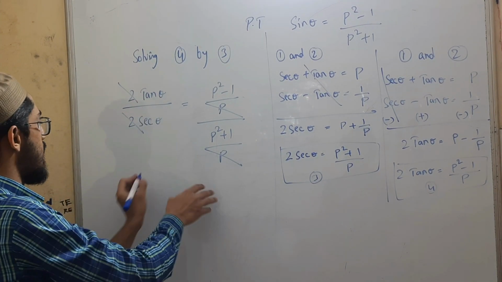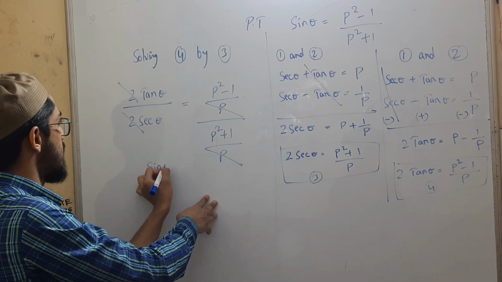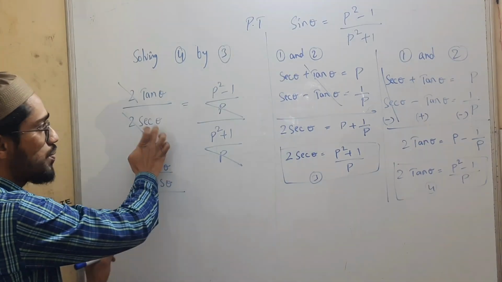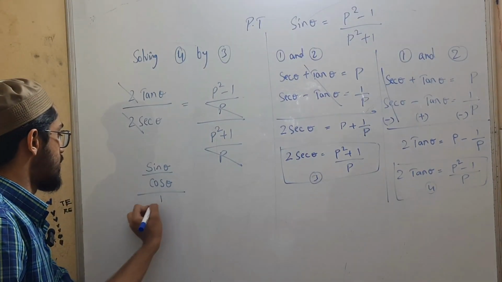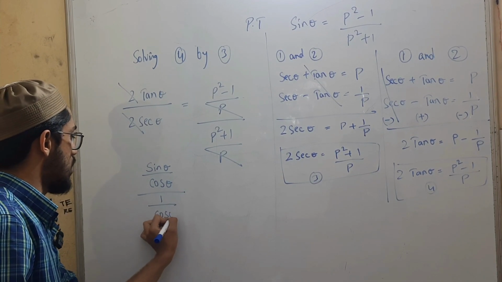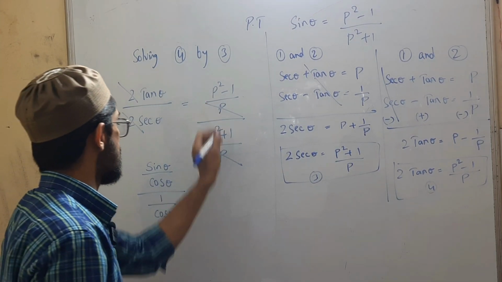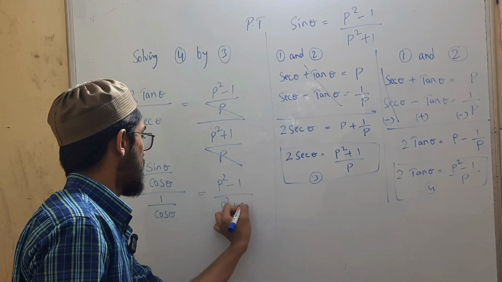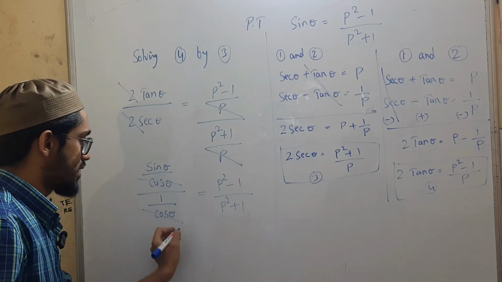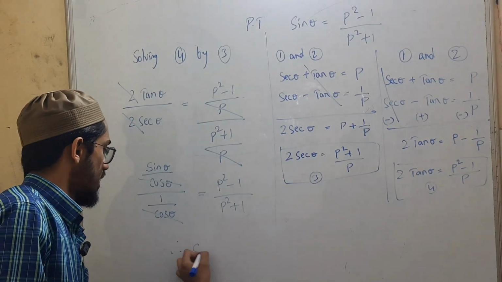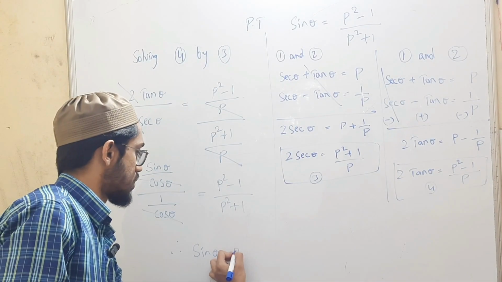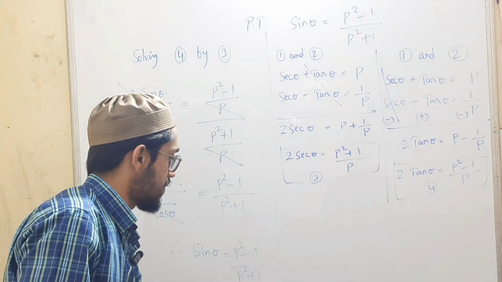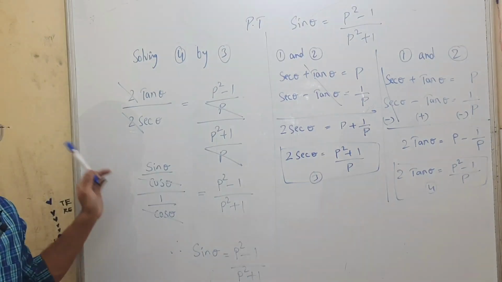In the place of tan, we can write it as sin theta by cos theta. Again, in the place of secant theta, we have to write it as 1 by cos theta. This will be as it is, p square minus 1 by p square plus 1. Cos theta will be cancelled. Therefore, our answer is sin theta is equal to p square minus 1 by p square plus 1. This is how you need to solve this.